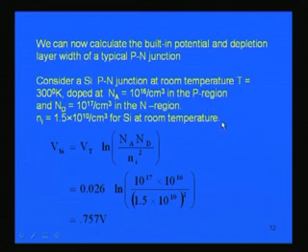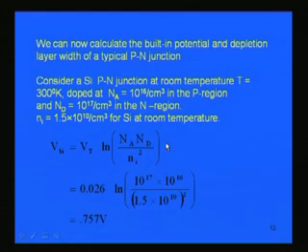The intrinsic carrier concentration for silicon at room temperature is 1.5 into 10 to the power 10 per cm cube. This value we already know. So, now we can find out the built-in potential Vbi using these values.